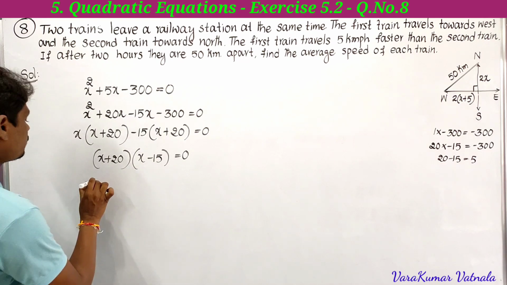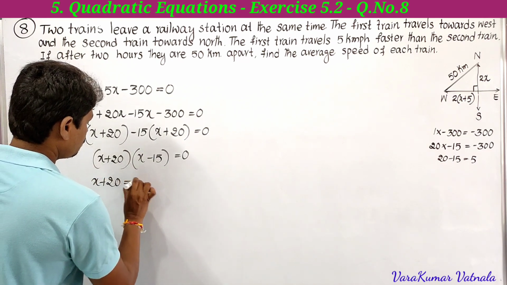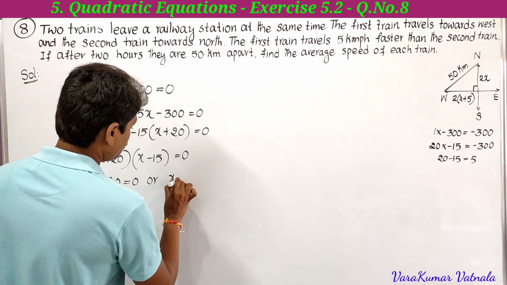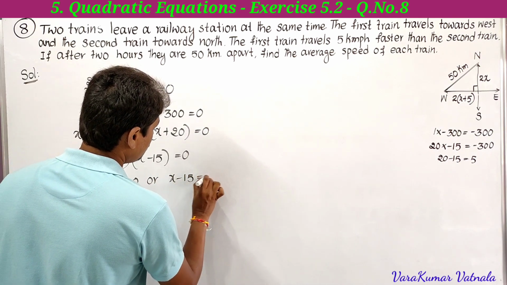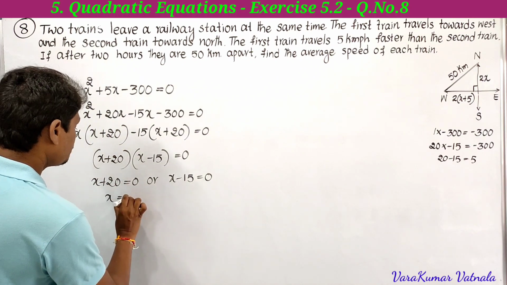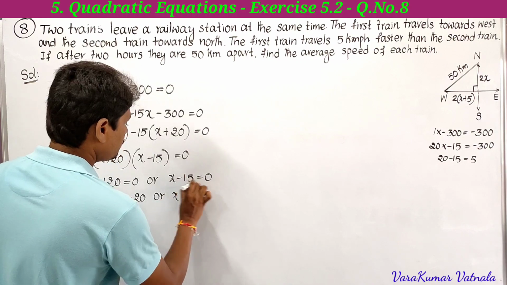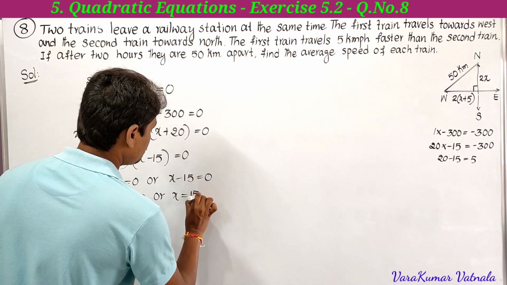So x plus 20 is equal to 0, or x minus 15 is equal to 0. So x is equal to, take plus 20 to the right side becomes minus 20, or take minus 15 to the right side, it becomes plus 15.